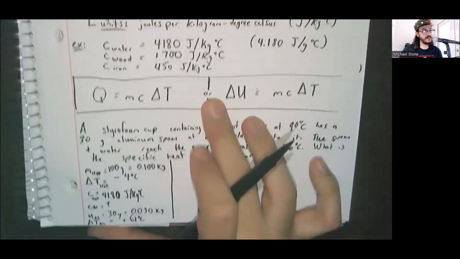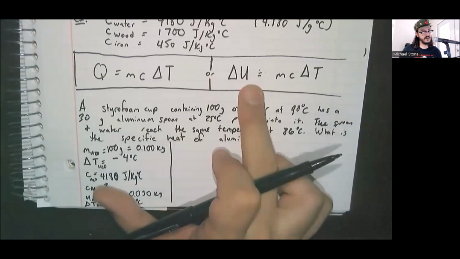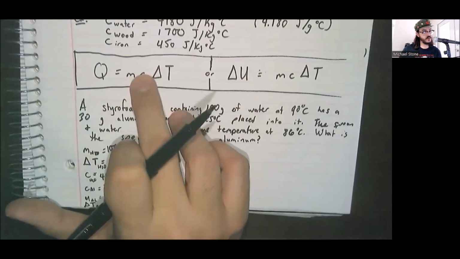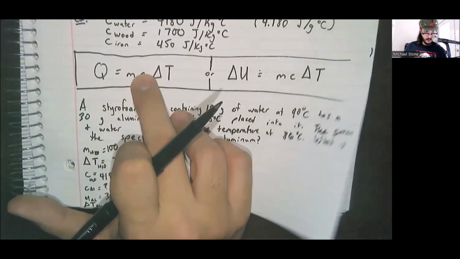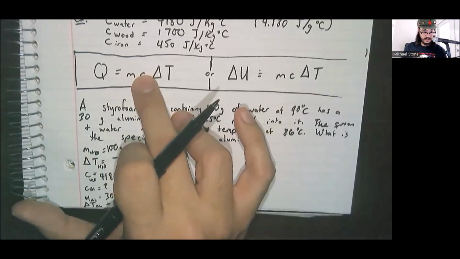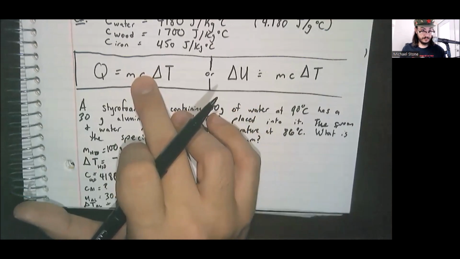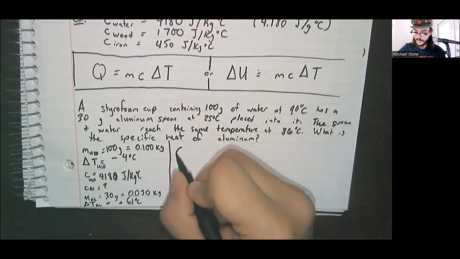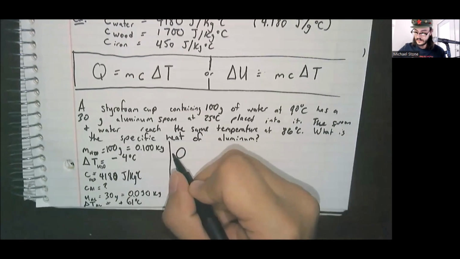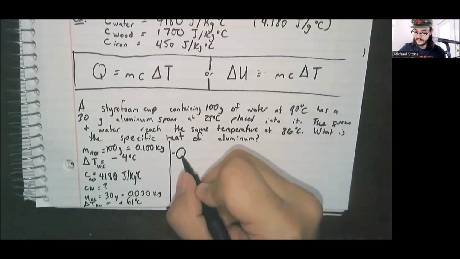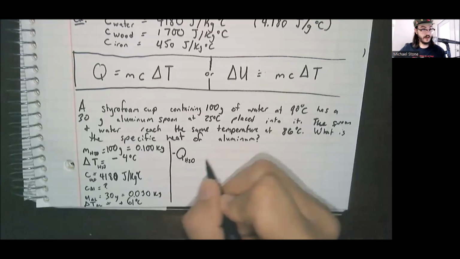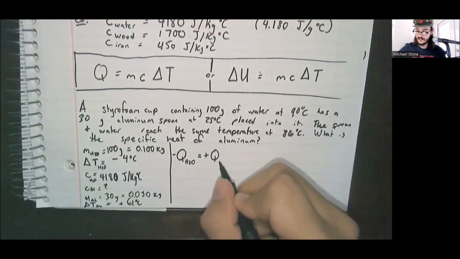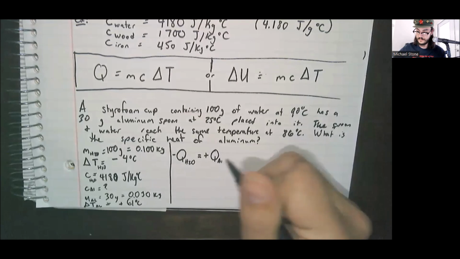If we assume perfect transfer from water to spoon, the heat that leaves the water is equal to the heat that enters the spoon. Again, assumptions are being made, but the loss of heat by the water should be equal to the increase in heat of the aluminum.